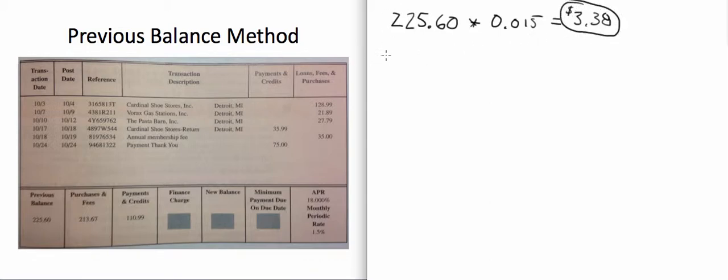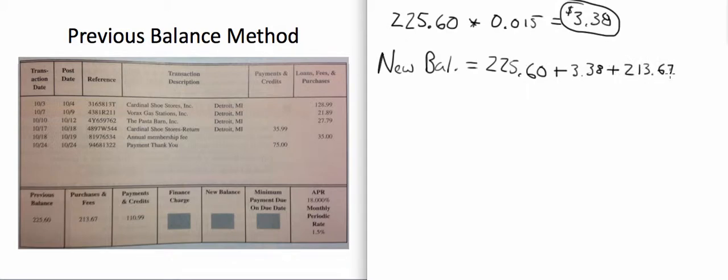Okay, that's step one. Now to find our new balance. The finance charge of $3.38 goes right here, and new balance comes up next. If we remember from our previous slide, we take the previous balance, 225.60, and add in our finance charge, $3.38. We add in our new purchases and fees, which we find under purchases and fees, plus 213.67.